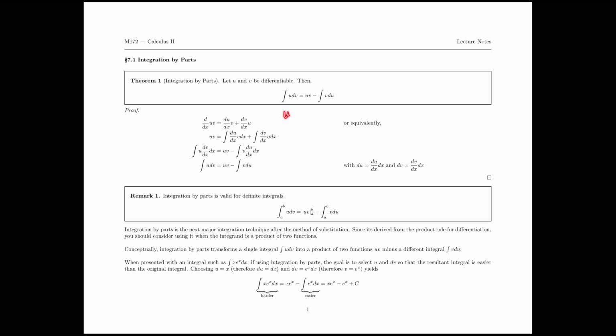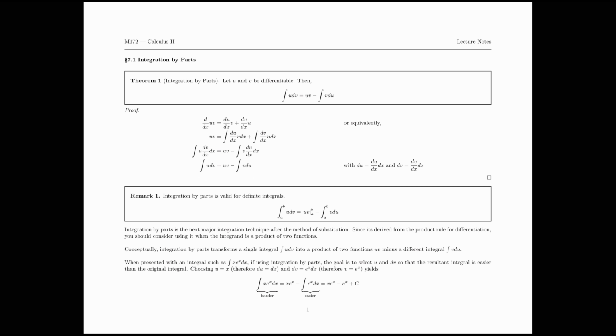Then, once you know what u is equal to and what dv is equal to, you can easily find du from u by differentiating what you have for u, and then taking your dv and integrating it with respect to x, and that would give you v. Once you know what u, v, du, and dv are, you can fill out the right-hand side of the formula, and you're good to go.